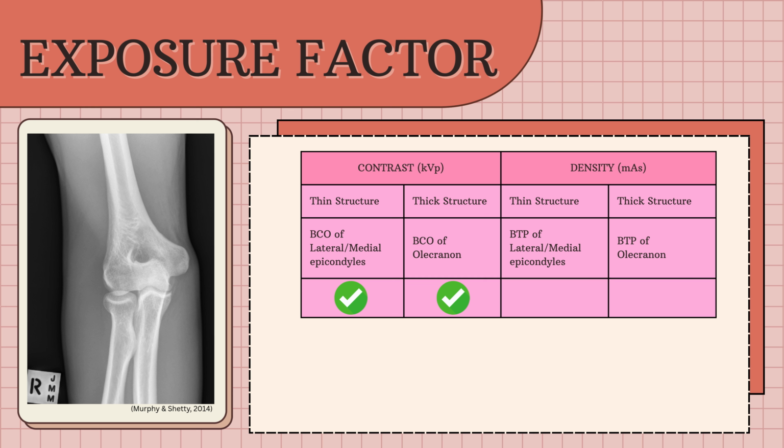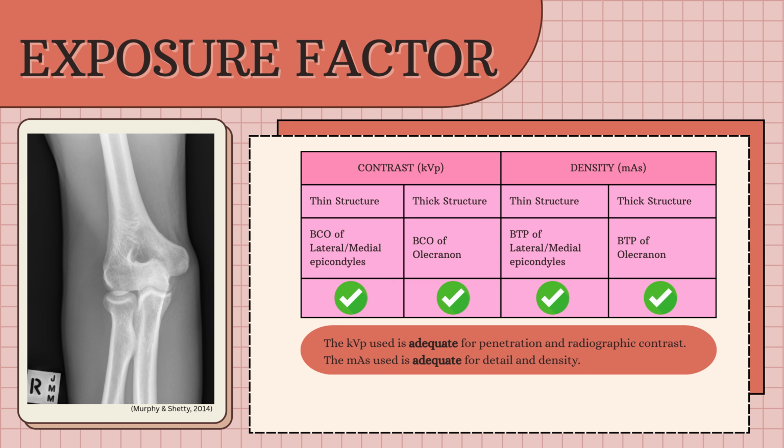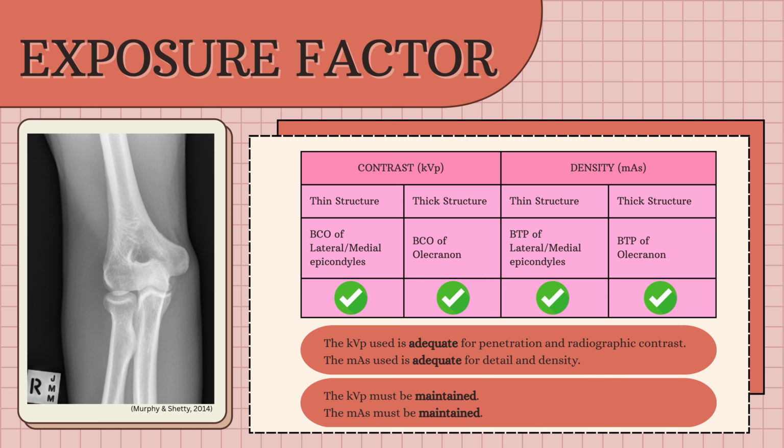By evaluating the density, the BTP of thin structure, which is medial or lateral epicondyles, are seen, and the BTP of thick structure, which is olecranon, can be seen. The KVP used is adequate for penetration and radiographic contrast, and the MAS used are adequate for detail and density. So, both KVP and MAS must be maintained.